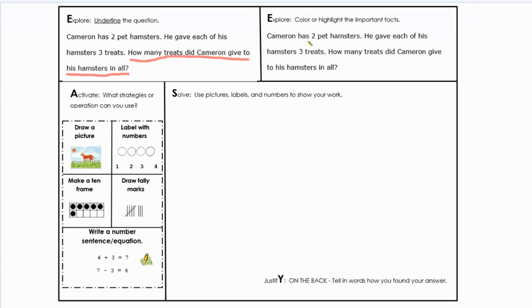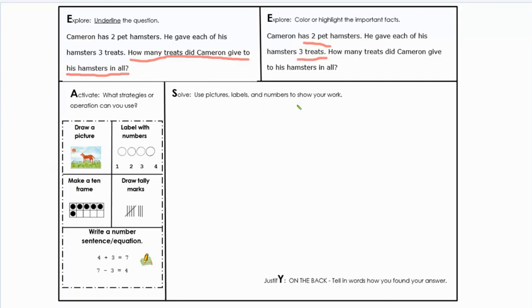Okay, that's right. If you said 2, it's right over here, where it says 2 pet hamsters, that's going to be important, okay? And what else? If you said 3 treats, that's correct too. That's also going to be important.